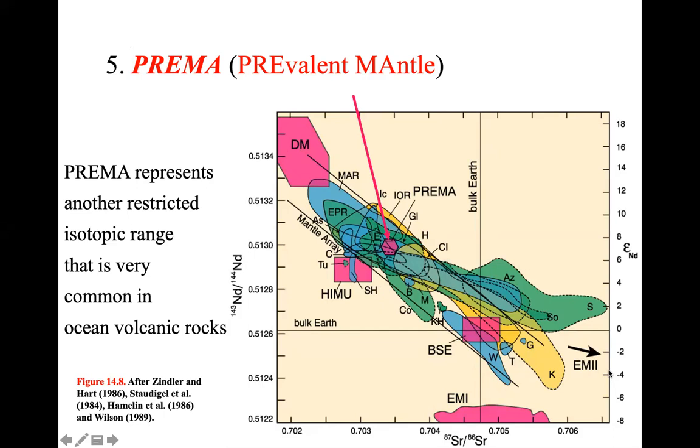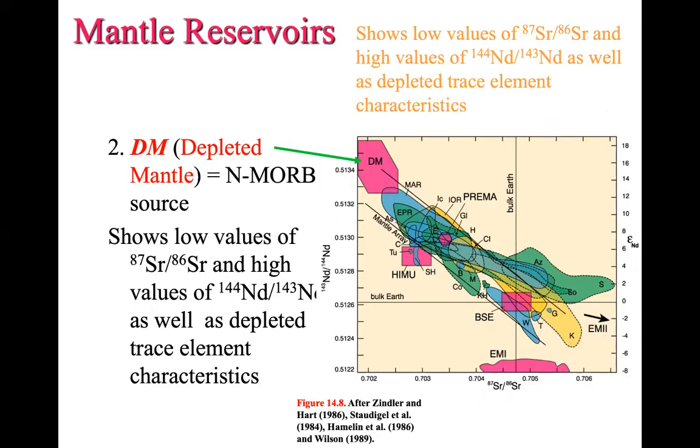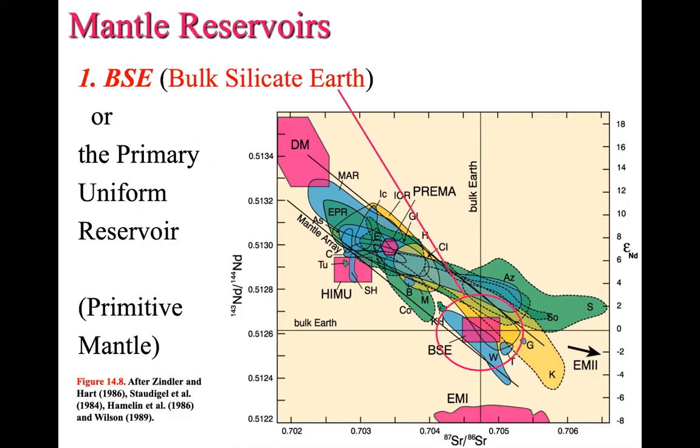So here we considered these reservoirs, considering their amounts of depletion or enrichment with respect to neodymium and strontium isotopic compositions, right? Starting from bulk silicate earth, which is equal to the chondritic composition, okay? This composition has been derived from the chondrite composition.